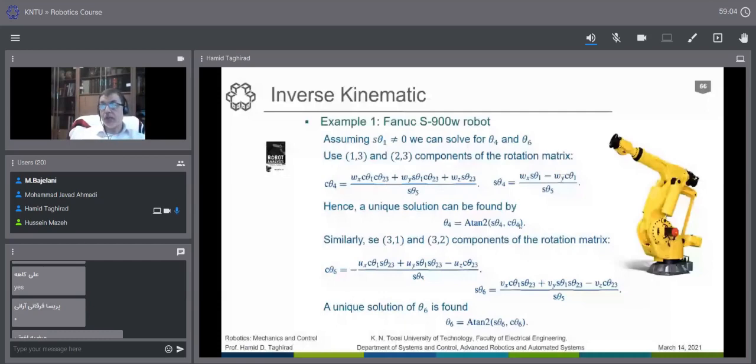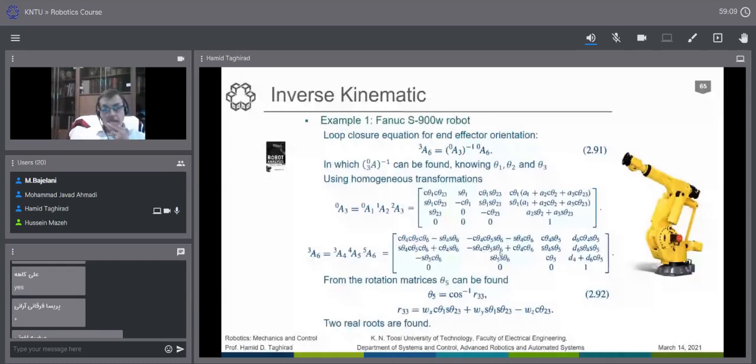Sorry, I don't know if it was the previous slide or the other one, but after the tan 2 equation, it was like 4 solutions that 2 of them were not practical, I think, at that point. Okay. This is not mathematically found. We have 4 solutions mathematically, but look at the robot itself.